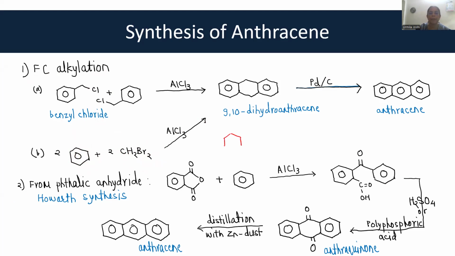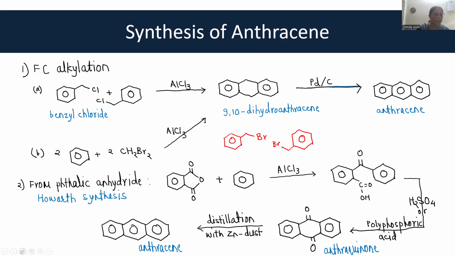This benzyl bromide, another molecule reacts with another molecule of benzyl bromide. So actually, this reaction is the same as the first reaction. The only difference being the starting materials are slightly different. Then, when these are fused together in presence of a Lewis acid, they give 9,10-dihydroanthracene, which is then converted to anthracene using palladium and carbon.